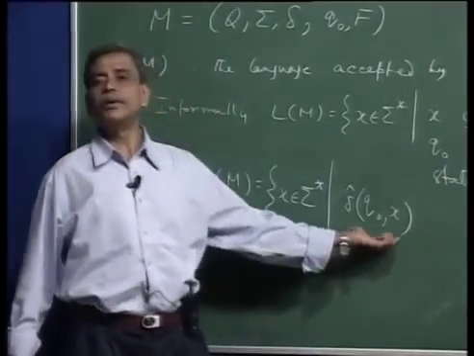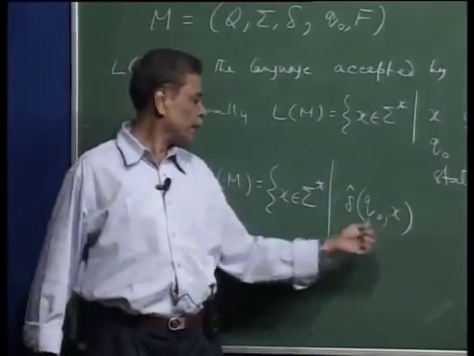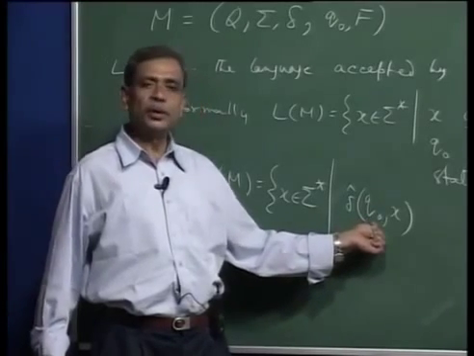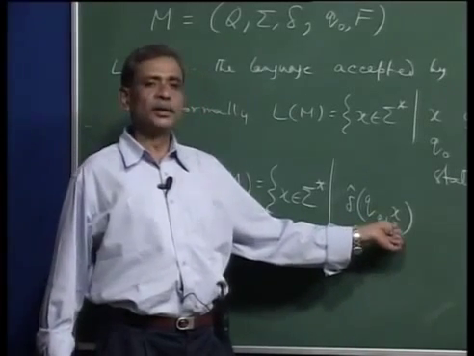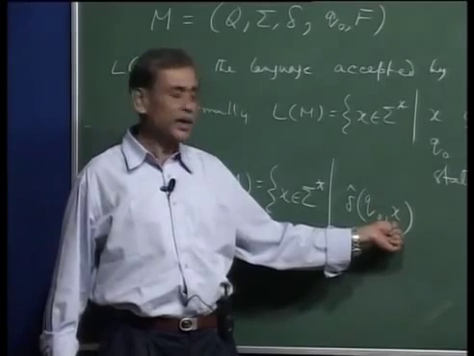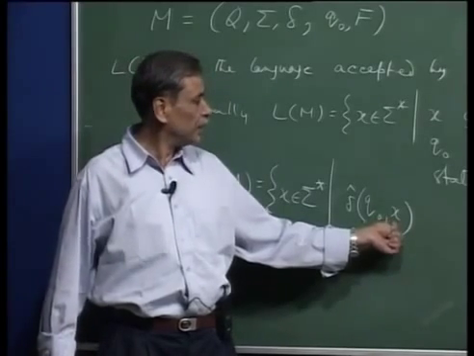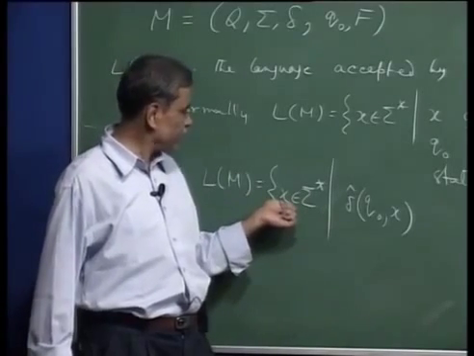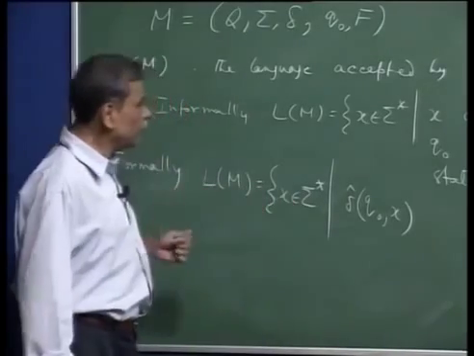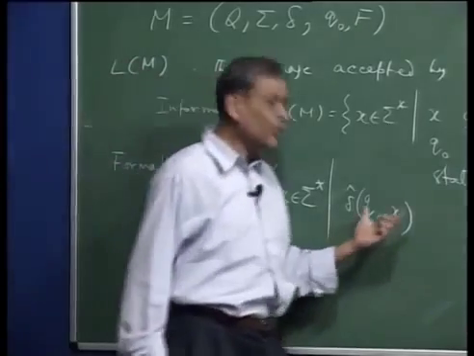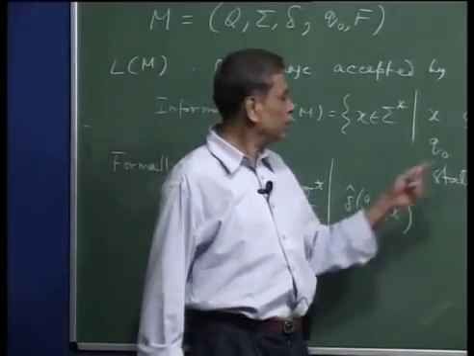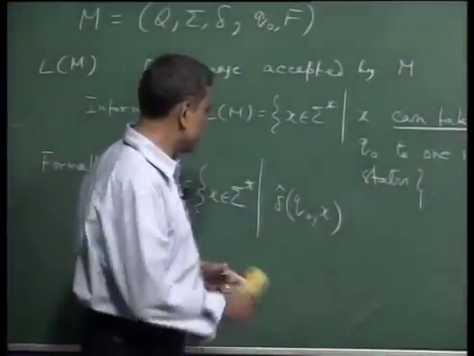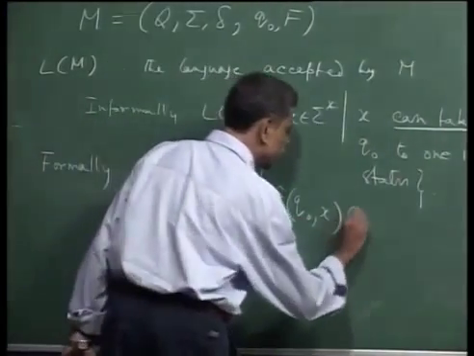This is the set of all states the machine can be in, starting from Q0 on reading the string x. And what we want, we would say that this string x is in the language L(M) if any one of these states happens to be one of the final states.